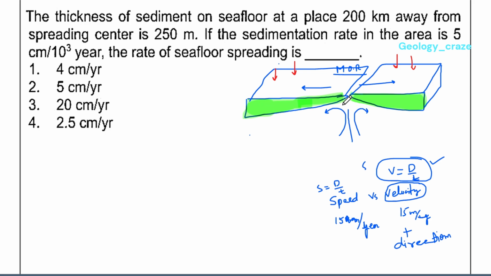But suppose this part is created today, then we have less sediment thickness here. When this part moves to this place, we get a layer of sediment over here on this oceanic plate.